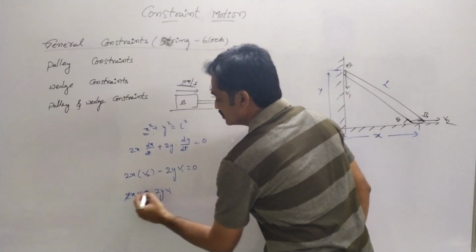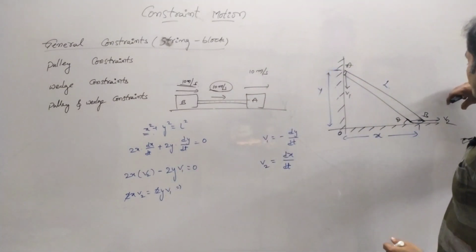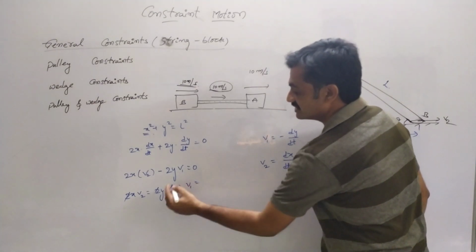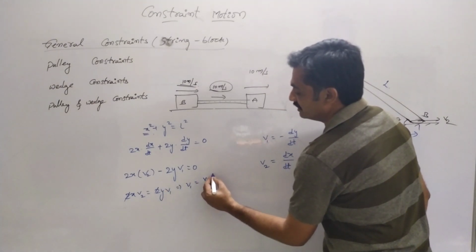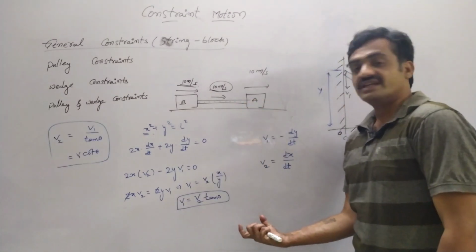Now the 2 gets cancelled from this equation. Here we have to find the velocity v1. From this equation, v1 equals v2 into x by y. So take a screenshot.